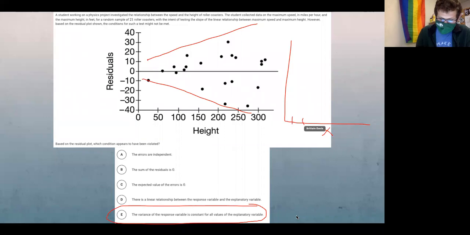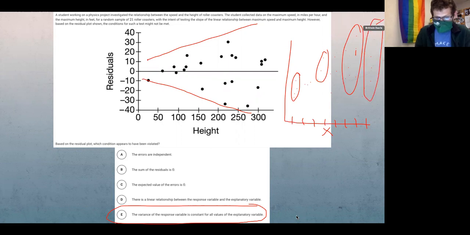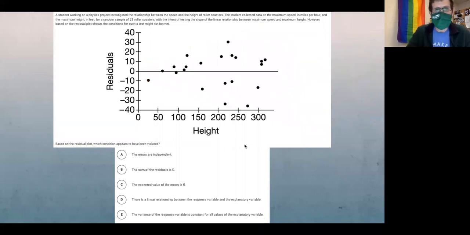So for all x values, you are looking for the same kind of variance, something like this. But if instead it goes pretty tight and then it scatters out big time on the right side, like this one might, then we don't have equal variance in our values as we move left to right. Does that make sense? Okay. Fun times, huh? So that's where we violated that one.